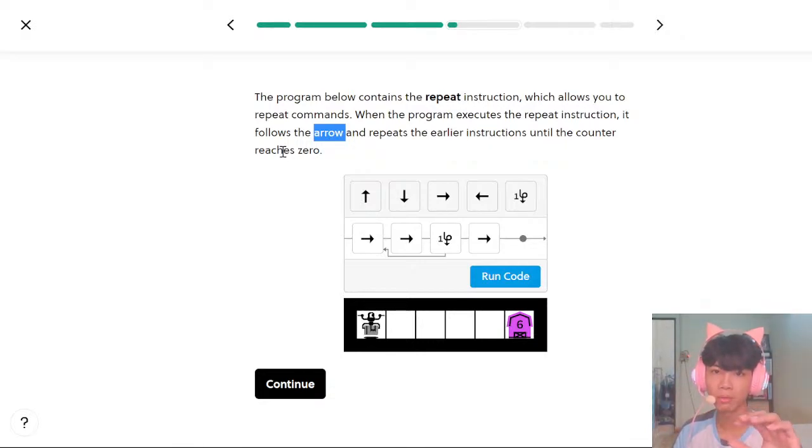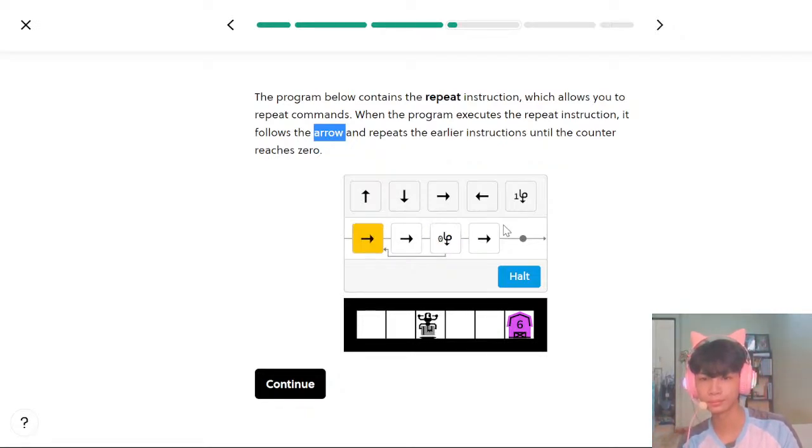Understand? So far so good. I understand this meaning. Quite easy for me.